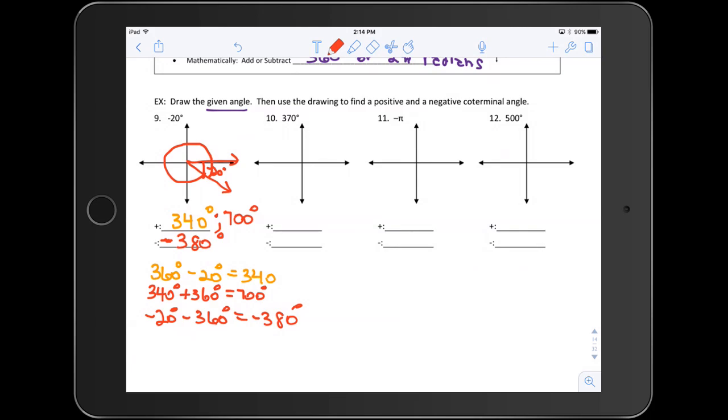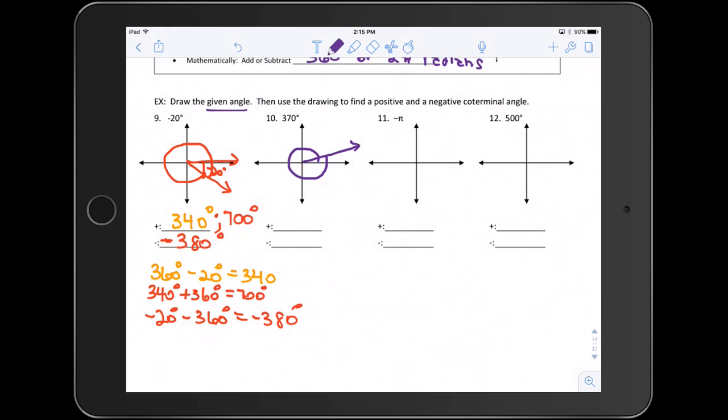So 370 degrees, I'm going to switch out of red. Red's kind of obnoxious. It's a positive angle, so we're going counterclockwise. And if you think about it, we're going to go 360 degrees and another 10 degrees, which is going to be this small little angle right in here.